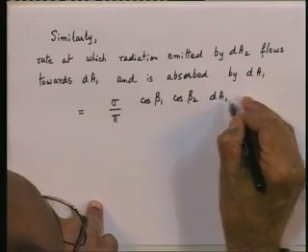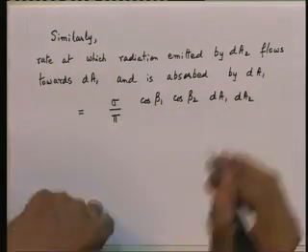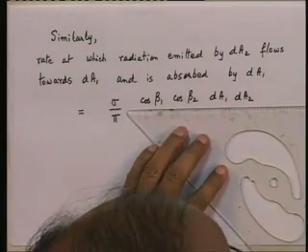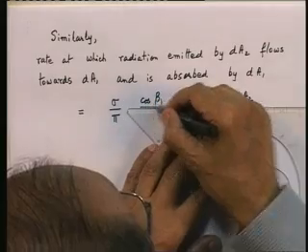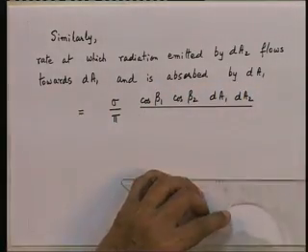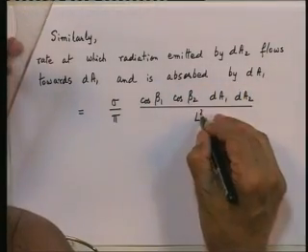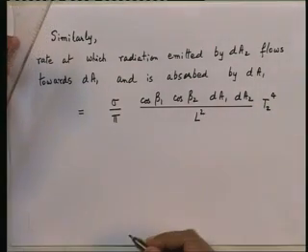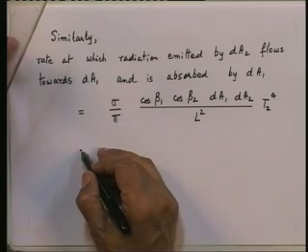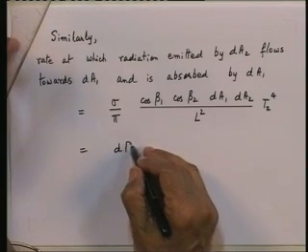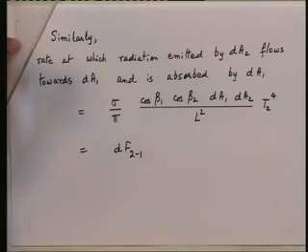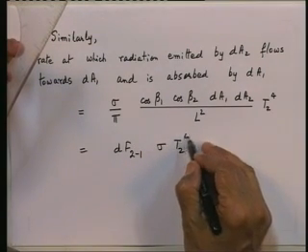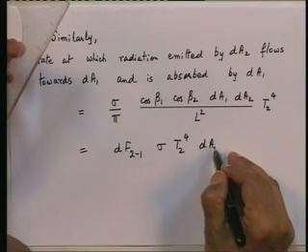Similarly, it can be shown this is equal to sigma by pi cosine beta 1 cosine beta 2 dA1 dA2 divided by L squared into T2 to the power of 4, which we can write as dF 2 to 1, again define a shape factor, into sigma into T2 to the power of 4 into dA2.